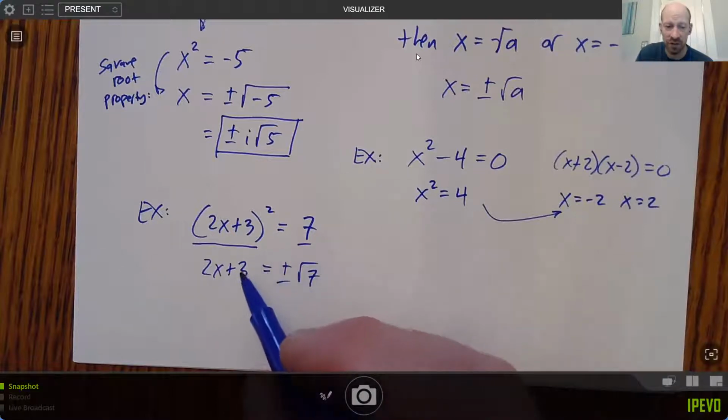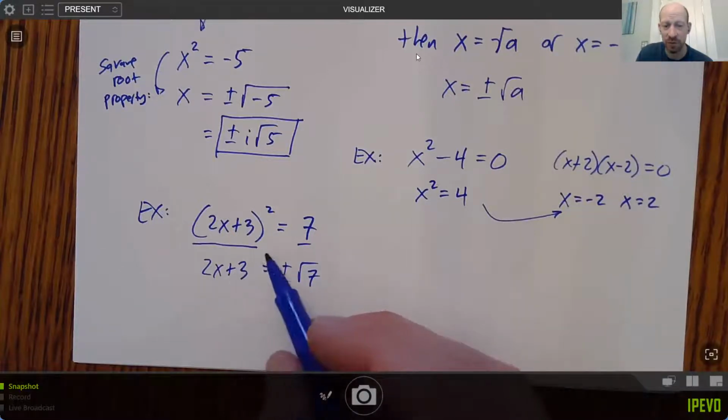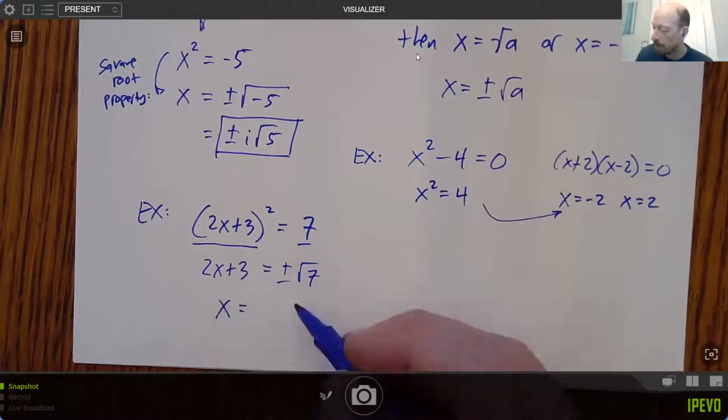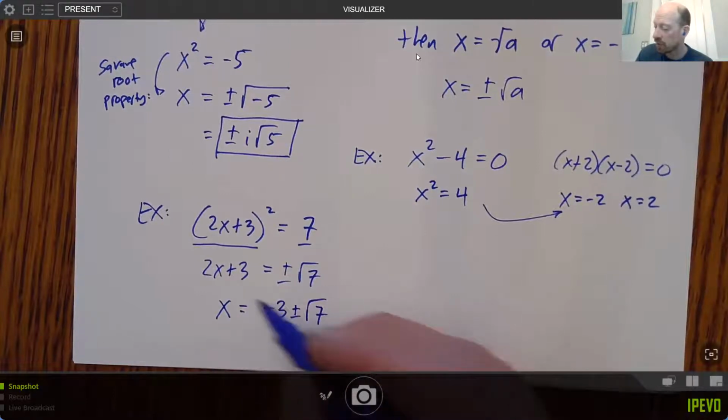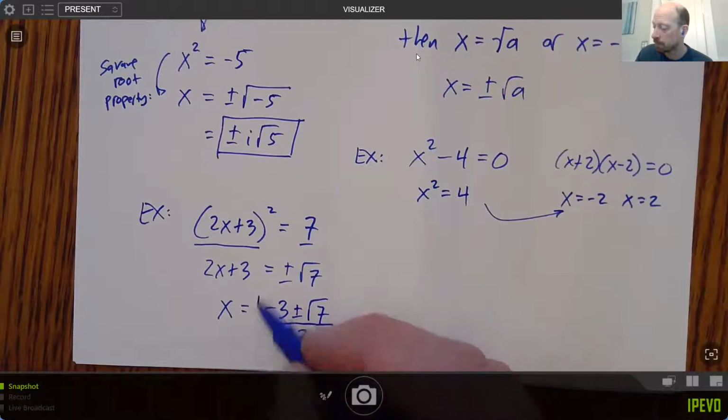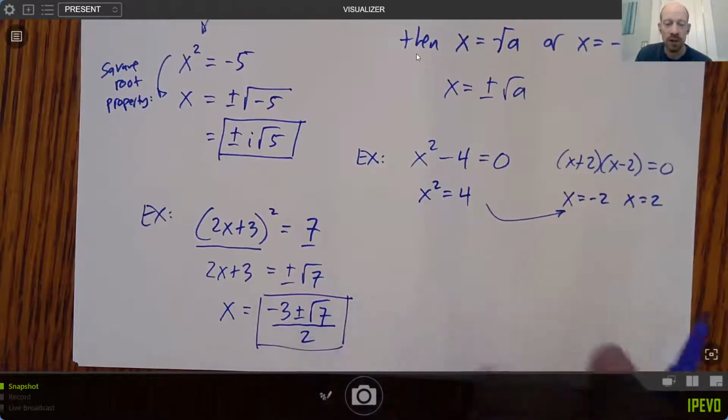And the work here is just to get x alone. I'm going to subtract a 3 and divide by 2. And then I would have had a 2x, so I divide everything by 2. It may look sort of messy, but that is an answer.